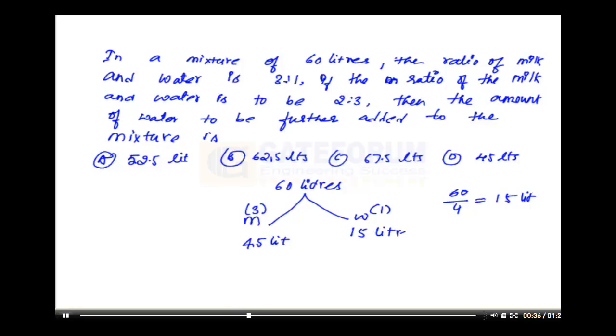And if it is 1 part, water will be 15 liters. Now what he is asking is how much water is to be added, let us say some x, so that the resultant mixture will be in the ratio of 2:3. So now after adding x liters of water, the new amount of water in the mixture is 15 plus x. What about the milk? Milk is the same, which is 45 liters.